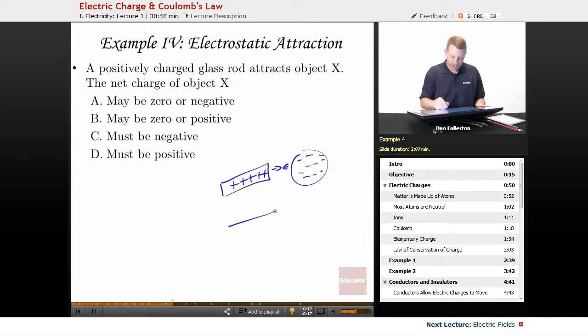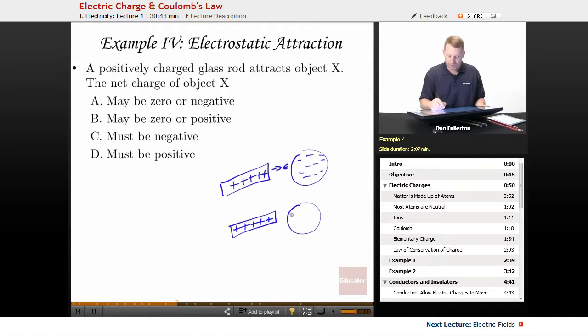But also, if we have a positively charged rod and we bring it near a neutral object, what can happen is, if we look closely, the entire thing is neutral. But when we bring the positively charged rod near it, the electrons on the atoms nearest the rod are attracted to the positive rod.